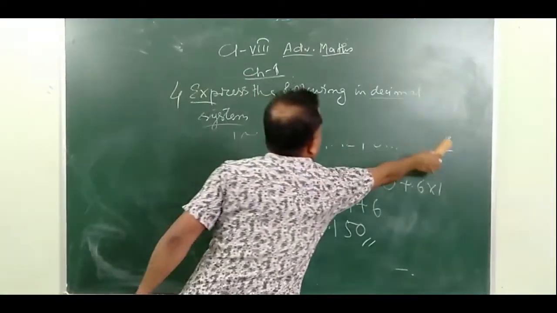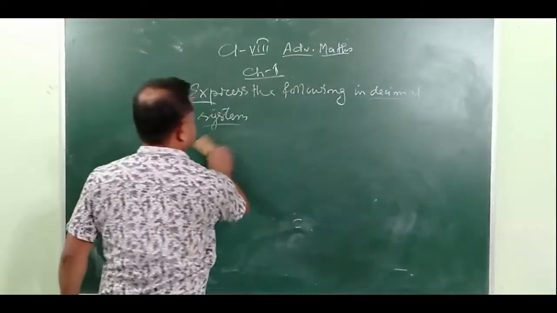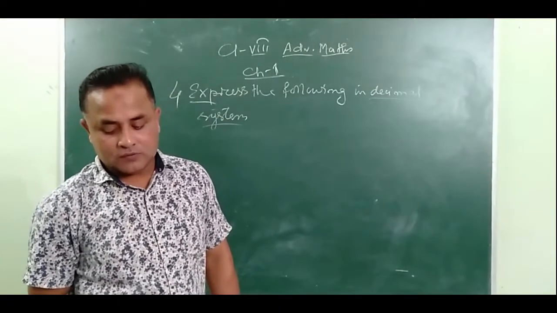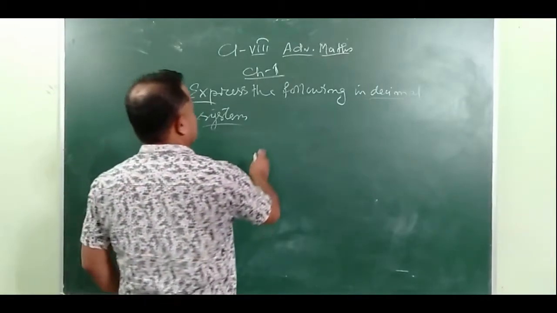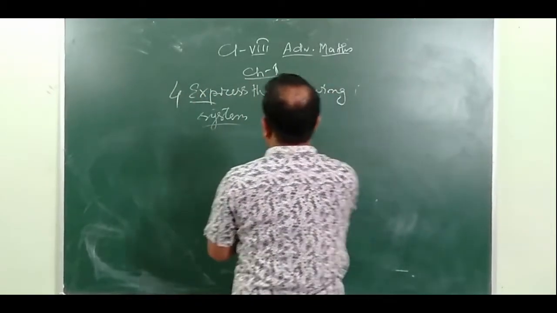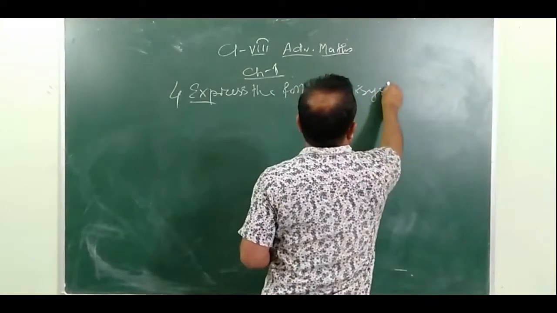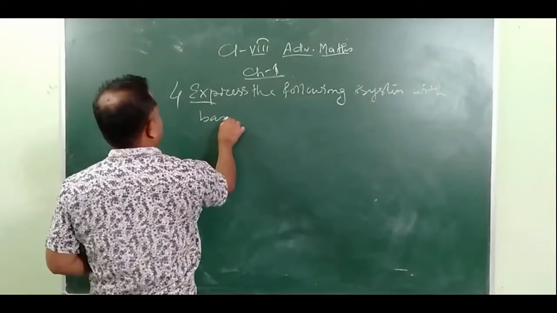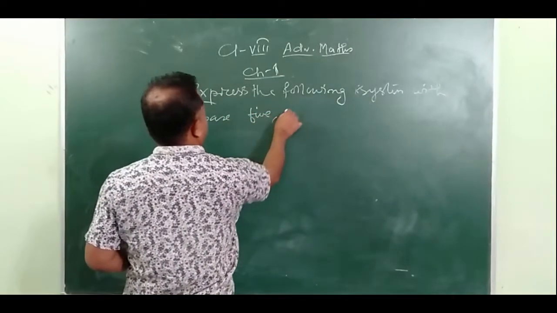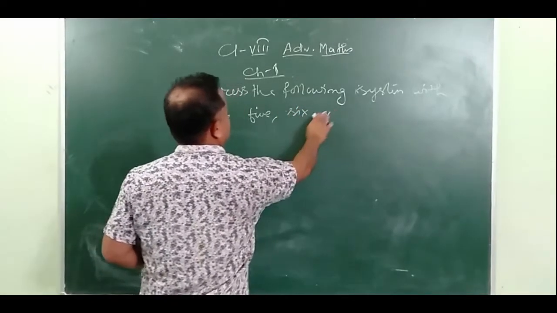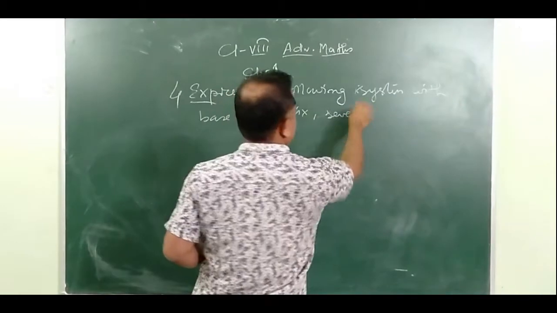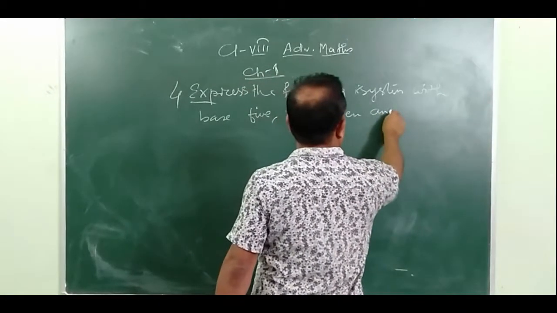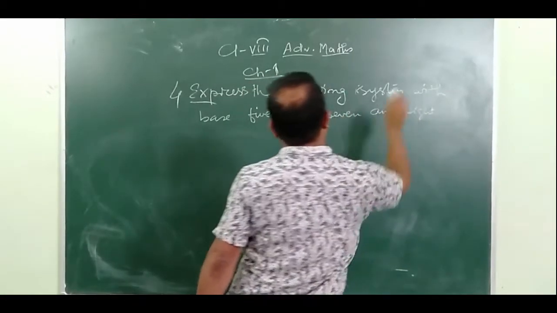Now let's see question number 4. What the question says is: express the following numbers of system with base 5, 6, 7 and 8.